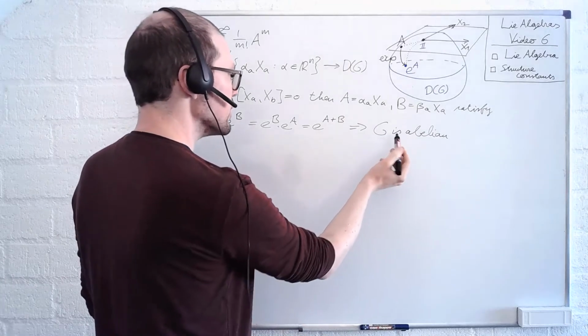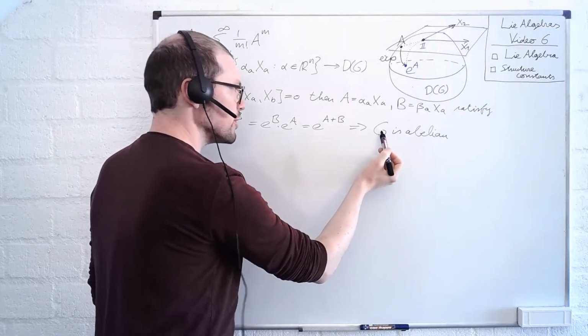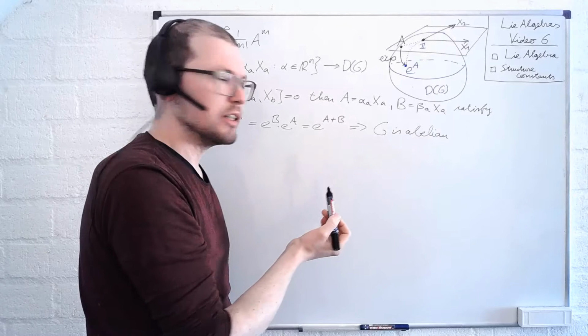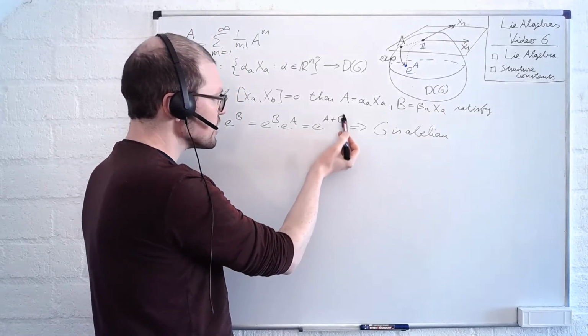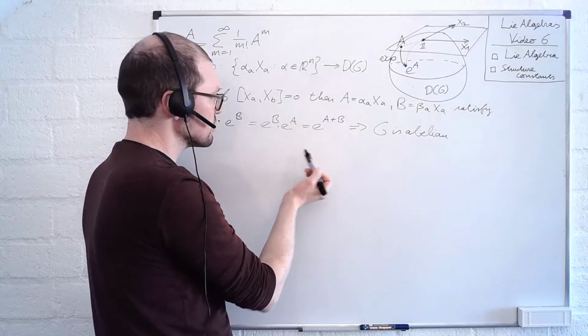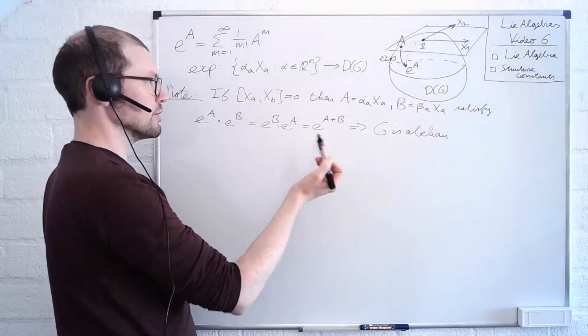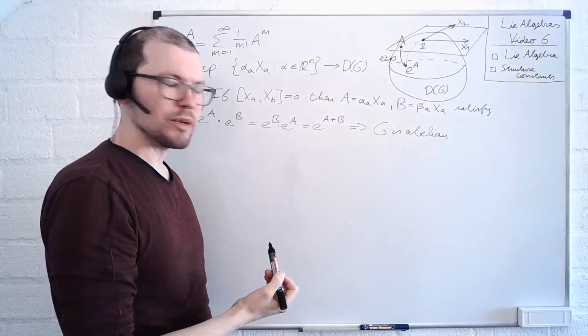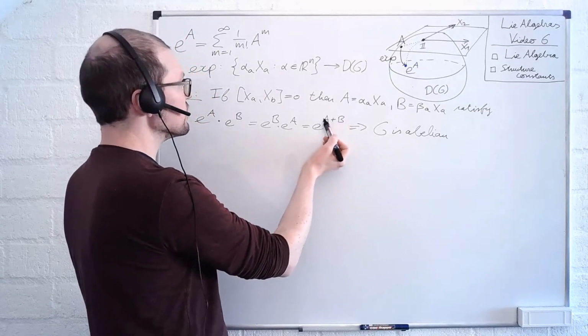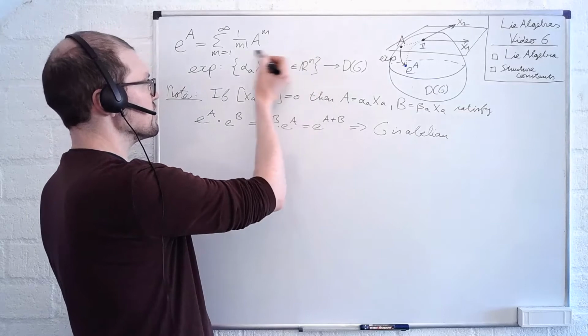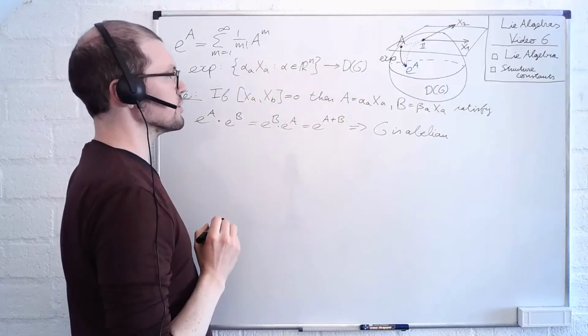And what is more, the group multiplication in this Lie group G is now just the same as adding generators. So in a sense, we found a group isomorphism from the multiplications in G to the additions in this set of generators.